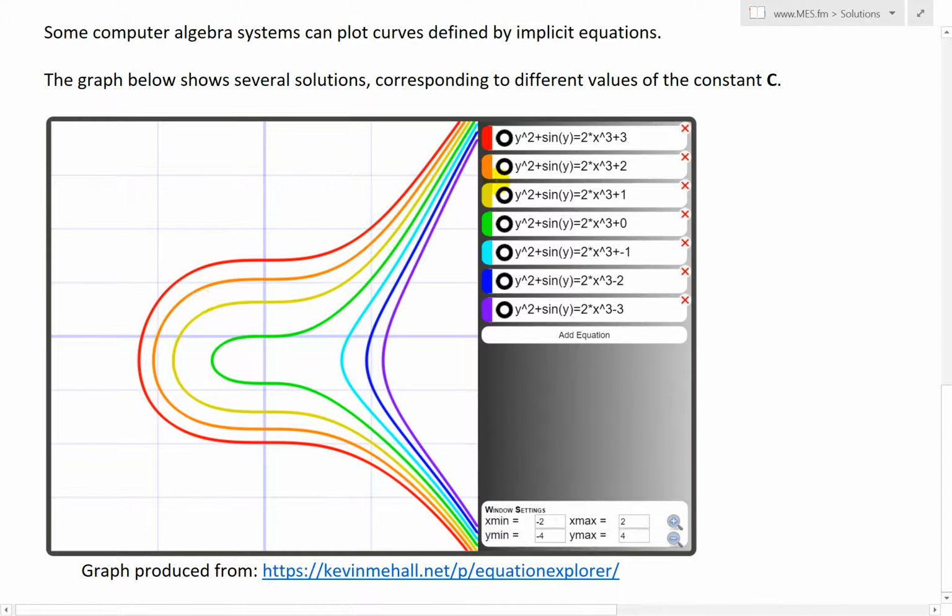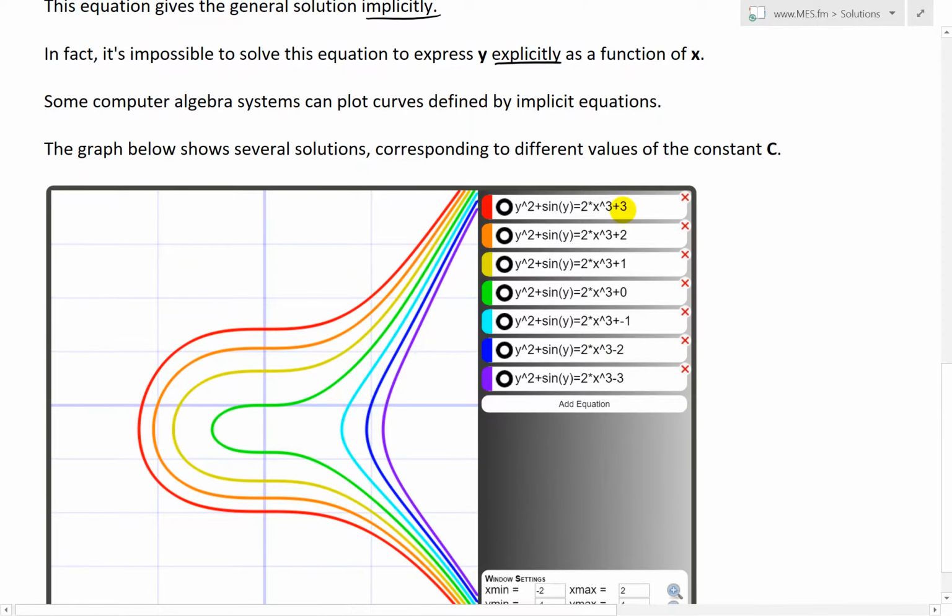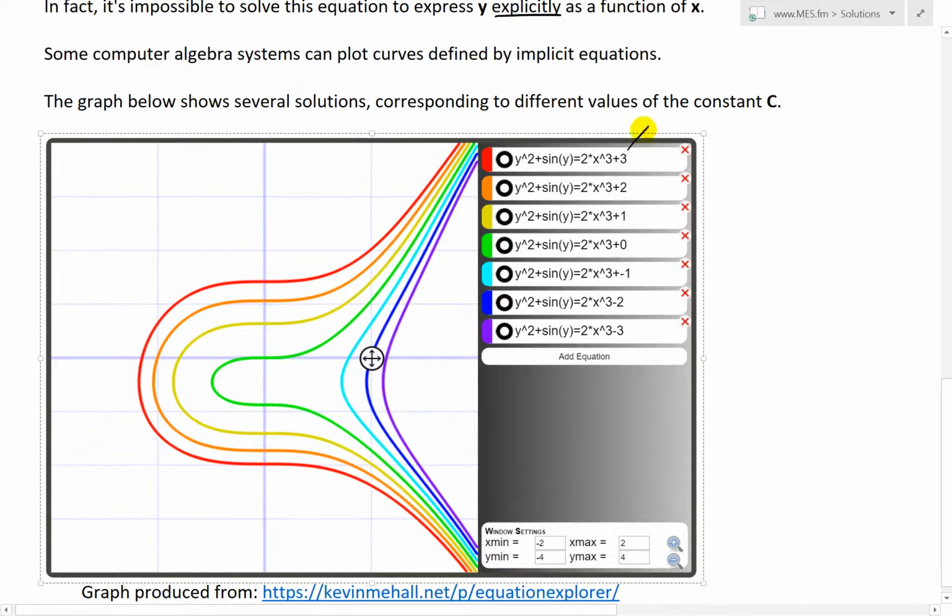For the red one, we have y squared plus sine y equals 2x cubed plus 3. That's our c value, so red is when c equals 3. Then c equals 2 is the orange, c equals 1 is the yellow, and c equals 0 is the green.